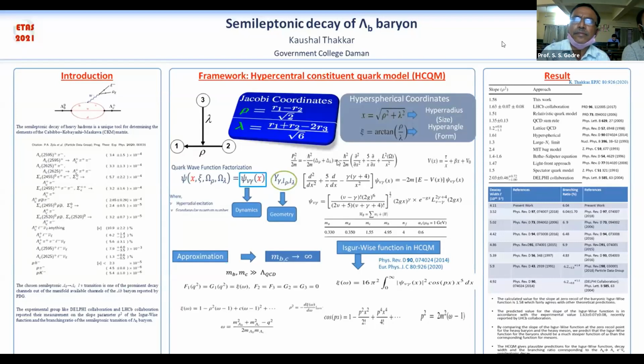And if we choose the interaction potential to be hyperspherical, such that the potential depends only on the hyperradius x, the hyperradial Schrödinger equation can be written by this equation.